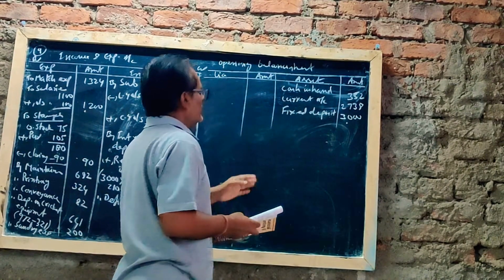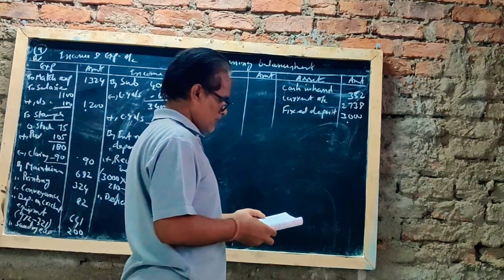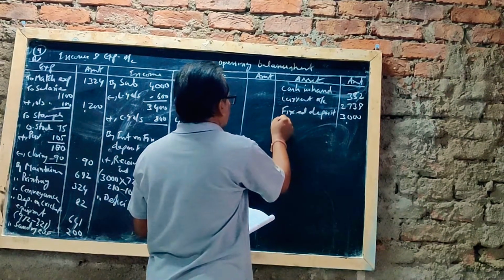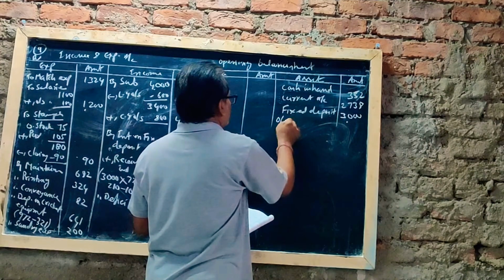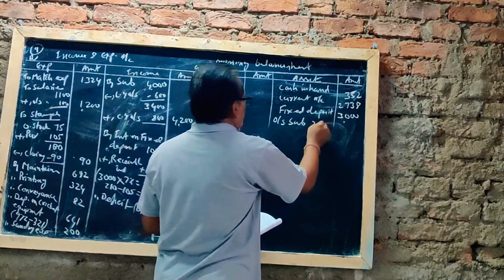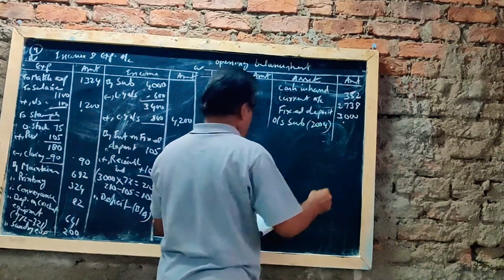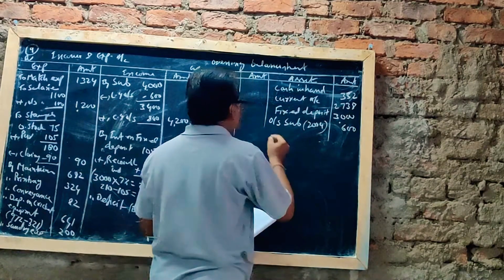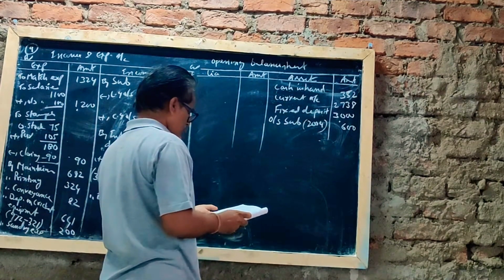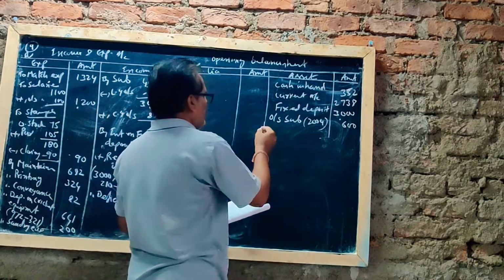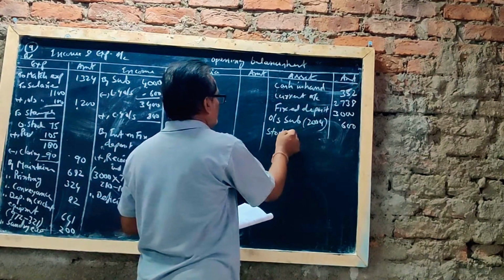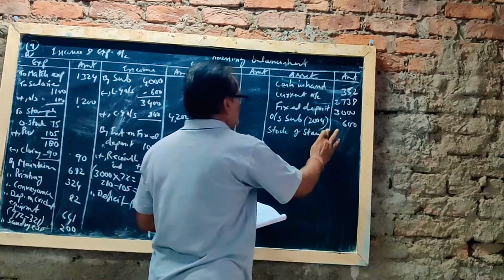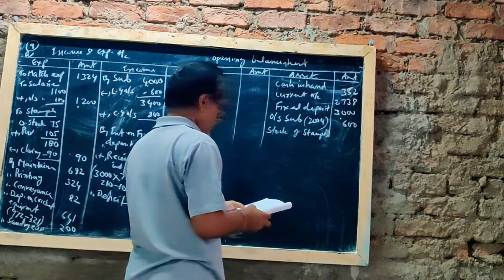Next, any opening assets you can take. Your opening assets: subscription last year, 2004. Outstanding subscription, in brackets 2004 year. See in the receipts side, 600 rupees is there. Again, in point B, stock of stamps 75.